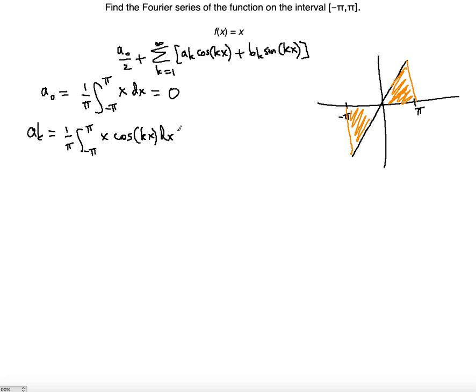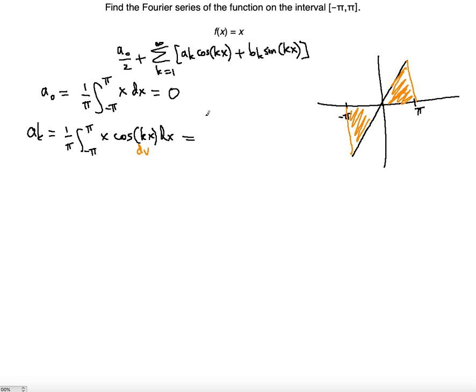I definitely know that there will be a sine involved in the first term, right? Because this will be dv in the integration by parts, so the v will involve the sine, and the sine of negative pi and pi is 0. So I know the first term will be equal to 0, and then there will be an integral with the sine, right?